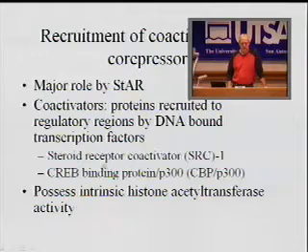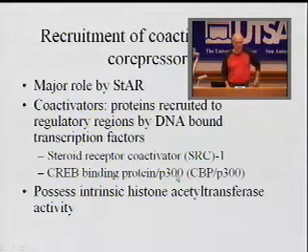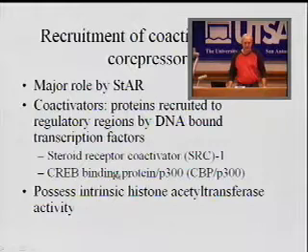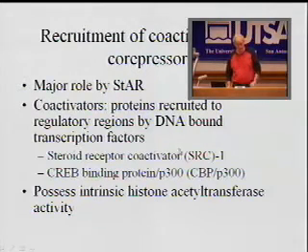So the steroid receptor co-activator, the SRC1, the CREB binding protein, the one that we mentioned on the previous slide, P300. Again, we're beginning to see more and more that we are not going to have opportunities to learn any details about, but certainly we should be able to recognize them and associate them with the recruitment of co-activators or co-repressors.